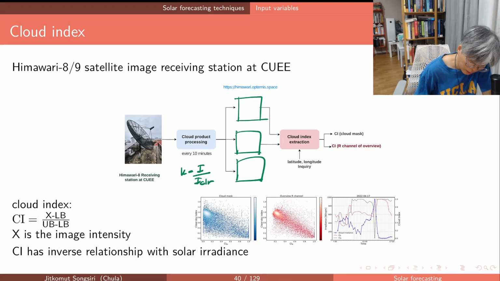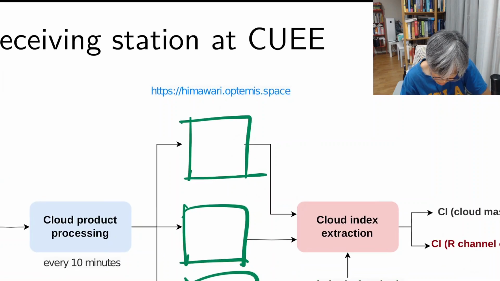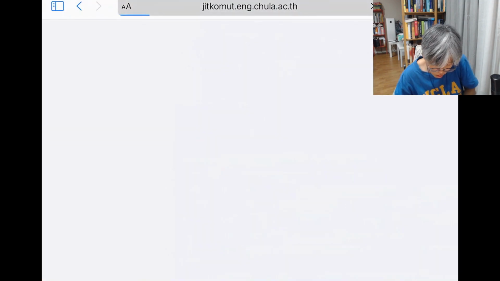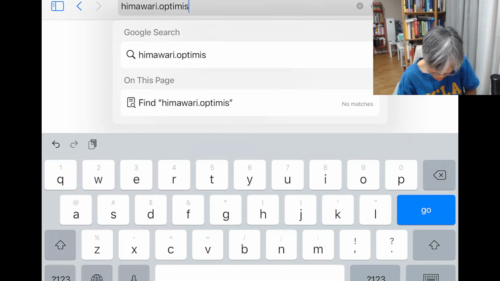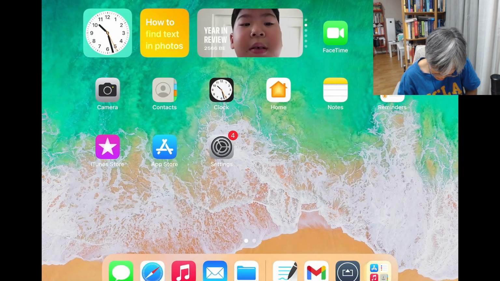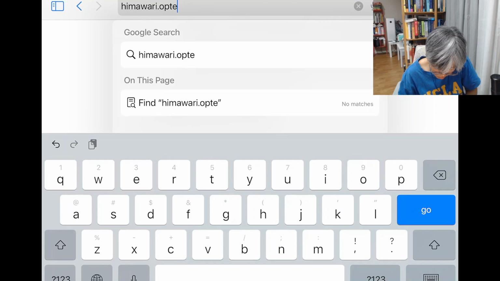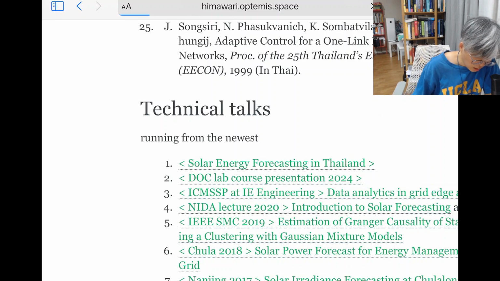When you read the cloud index from an image, I would like to show the image. Himawari Optimist dot space. This is going to be the website where we archive all the satellite images.